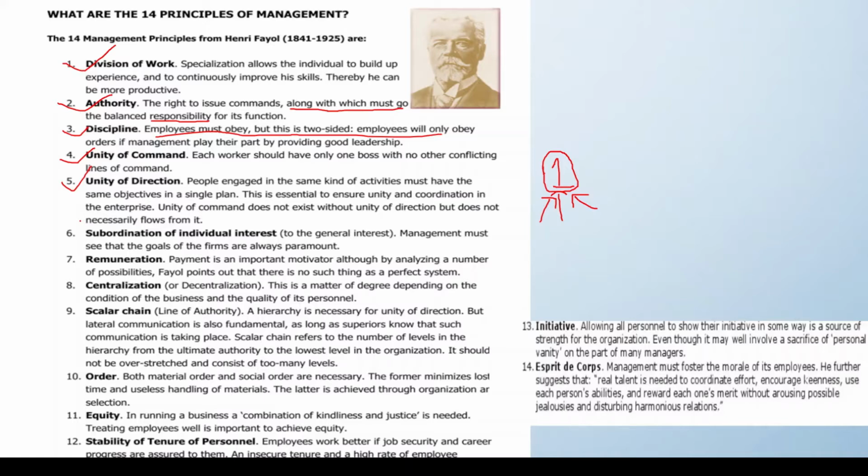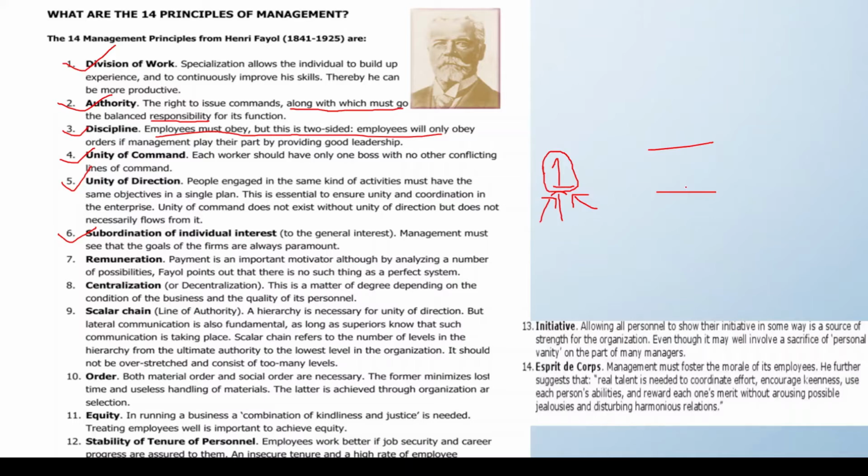Number 6. Subordination of individual interest to the general interest. Subordination means there is one superior and one subordinate, so a level difference, right?